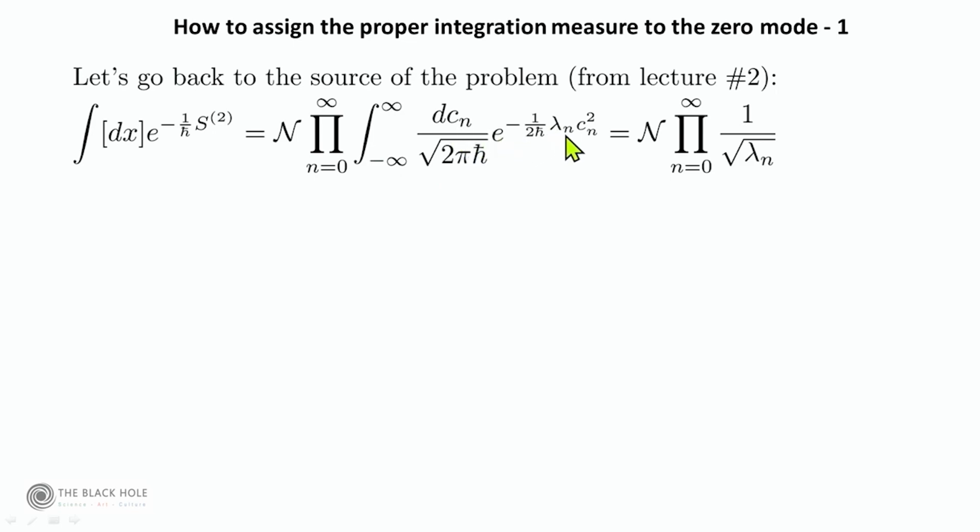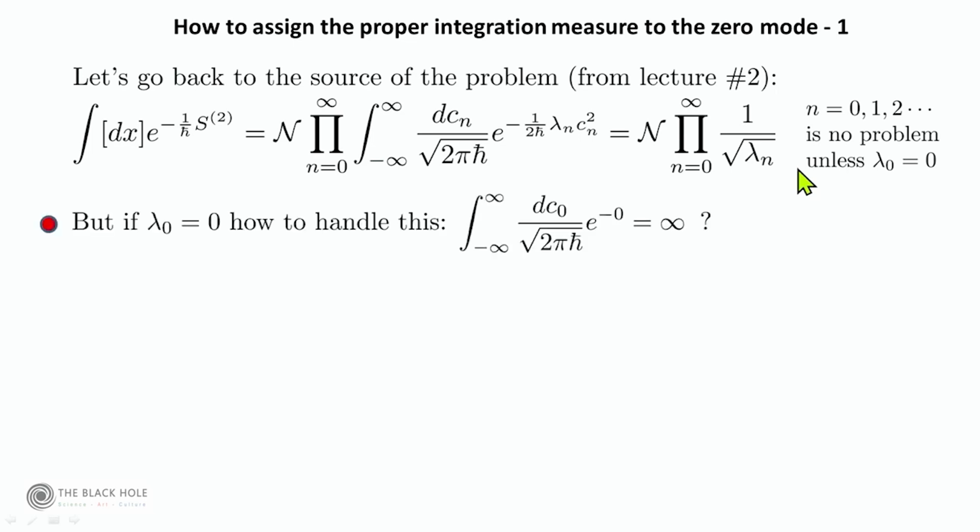And the Gaussian integral is that of the eigenvalue, Cn squared, and we're integrating over all possible values of Cn. Each one of those Cn's has to be integrated from minus infinity to plus infinity. And that's, of course, how we got over here. Here I've not told you anything new. It's the problem only with lambda 0 equal to 0.